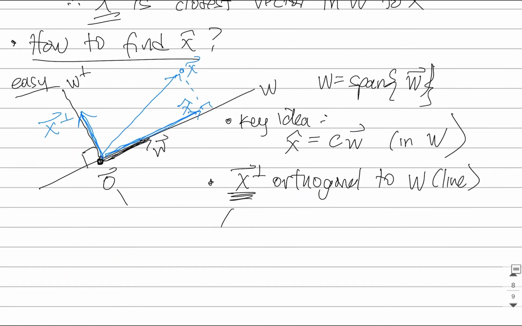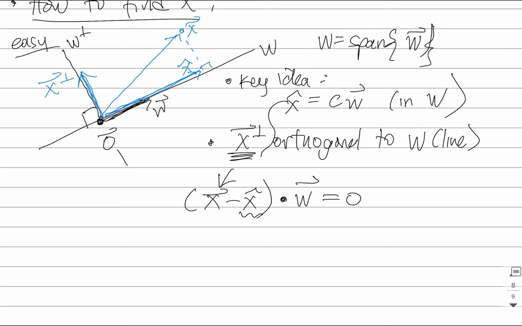Now, from the parallelogram rule or vector addition, that vector x perp is x minus x hat. That has to be perpendicular, or orthogonal, to the line. Well, that means it has to be orthogonal to the basis vector for the line.